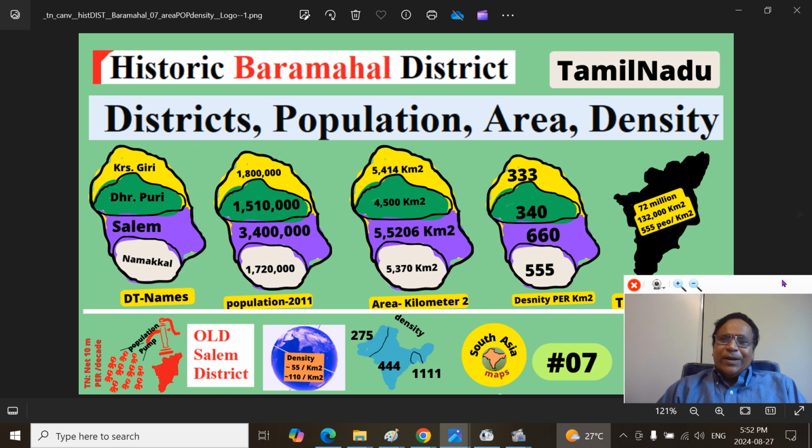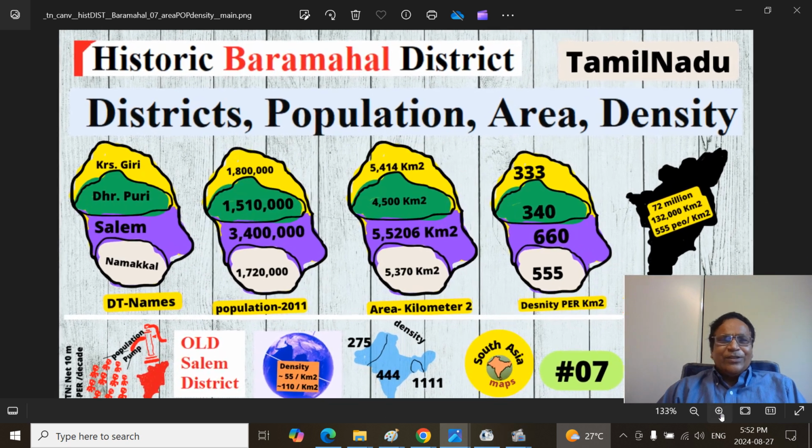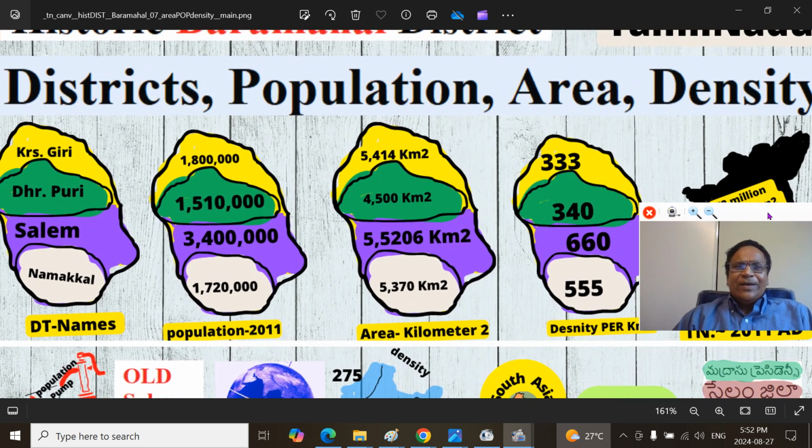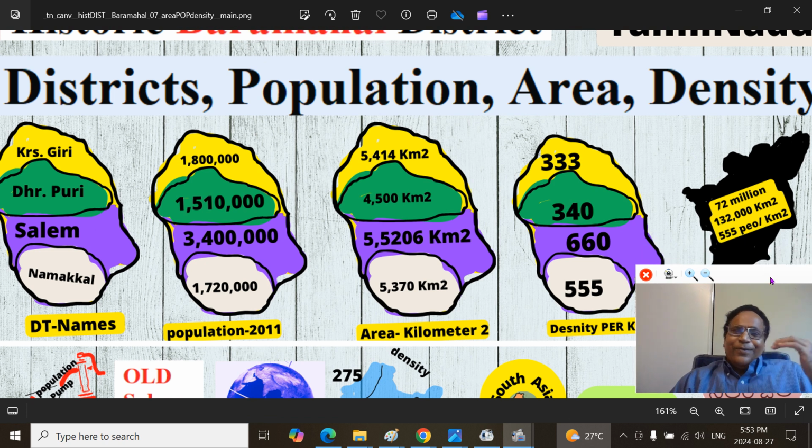What are the areas, the geographical areas? District geographical areas are generally in thousands of square kilometers, and countries are in millions, for big countries. What is the overall idea? The idea is very easy.